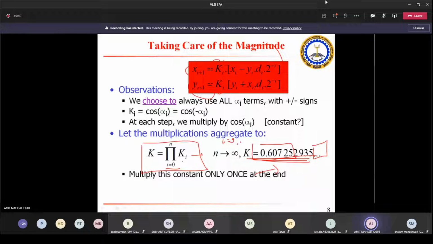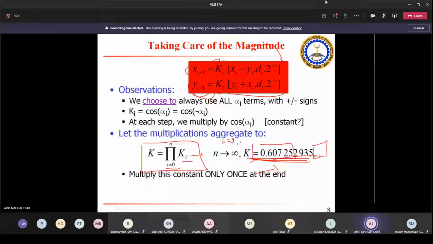This k is nothing but the product of k0 into k1 into k2 into k3 like this. And with this, the k value is fixed. Now as it is some fixed value, I can always do some post-processing. Whatever answer I am getting out of this, I will multiply with this to get exactly x i plus 1 and y i plus 1. This you can do.